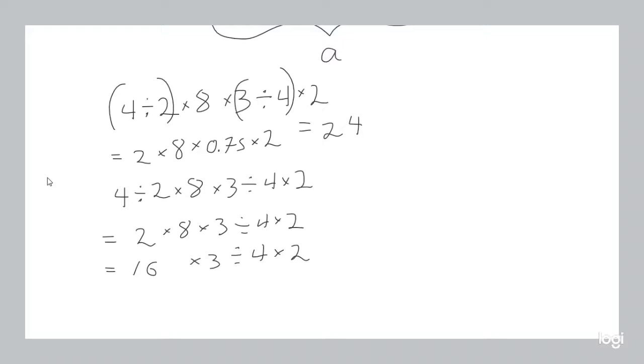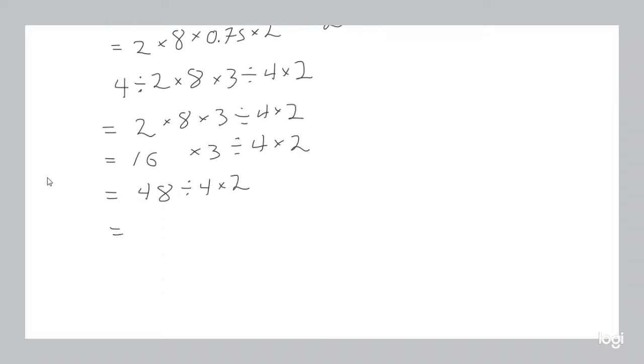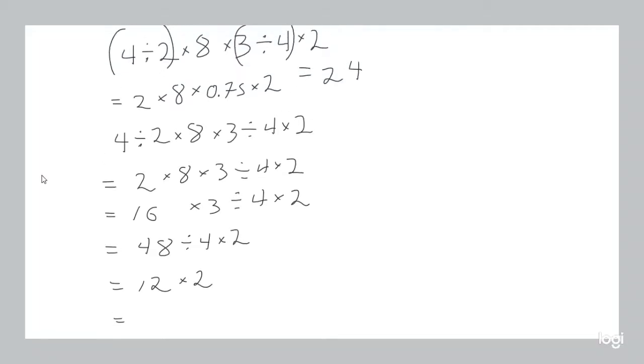Next we have 16 times 3, which we saw before as 48, okay, divided by 4 times 2. Then we have 48 divided by 4, which is 12, times 2. And 12 times 2 gives us the very same 24 that we saw before.